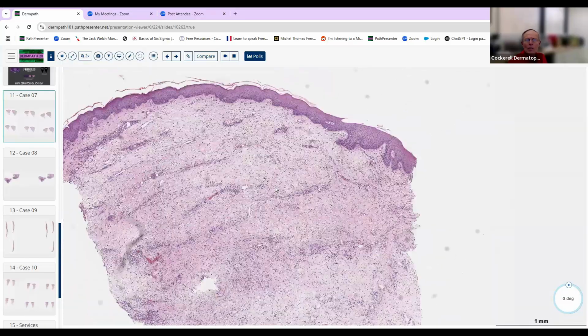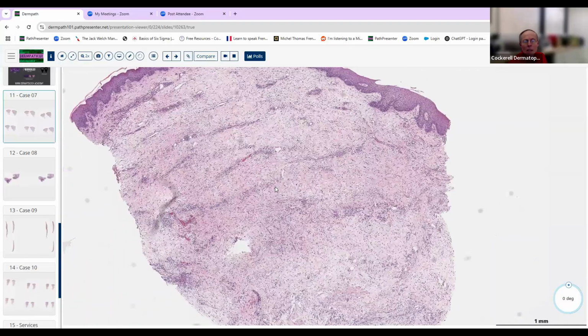Now, the differential diagnosis between this interstitial mostly pattern of neutrophils includes several other diseases. The autoinflammatory diseases can look somewhat like this, but in my experience, those generally are not as dense as this, and those have fewer EOs than this.